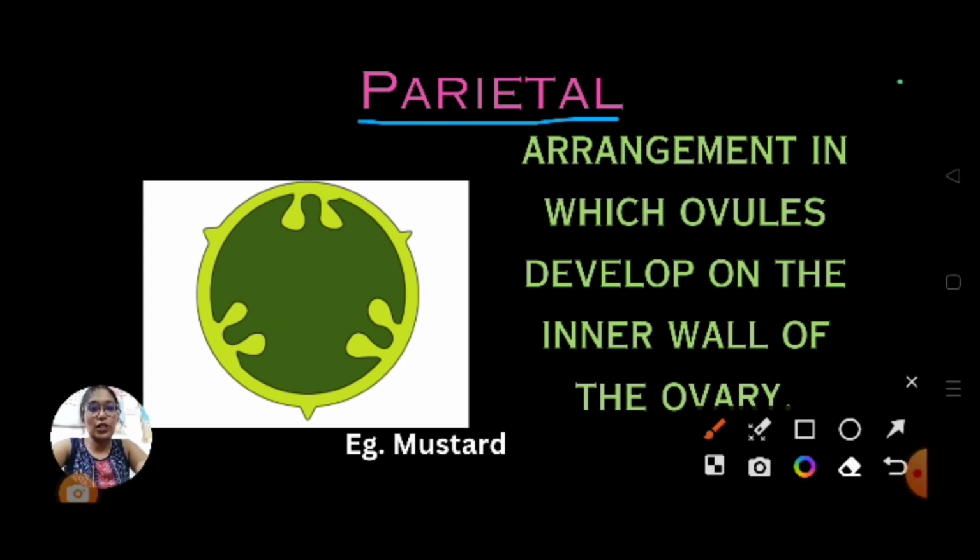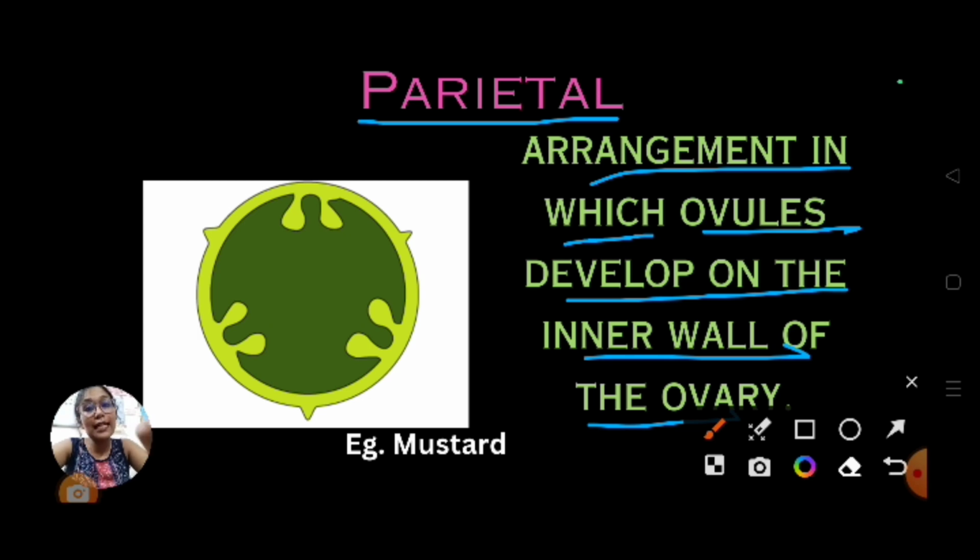Parietal placentation, in which the ovules develop on the inner wall of the ovary. In the wall of the ovary the ovules are developed. Can you see this?